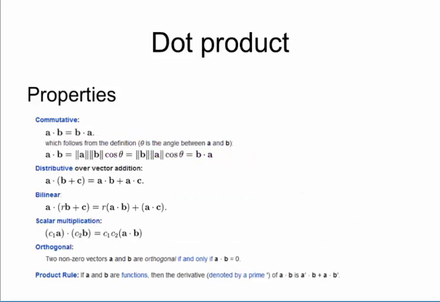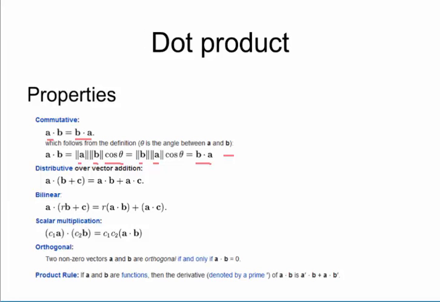So the properties associated with the dot product: A dot B is equal to B dot A, and you can use a fairly loose proof, where we have A dot B is equal to the magnitude of A times the magnitude of B times the cosine of theta. And these are just real numbers. You can change B and A around, the magnitudes and cosine of theta, which is equal to B dot A. I say it's a loose proof.